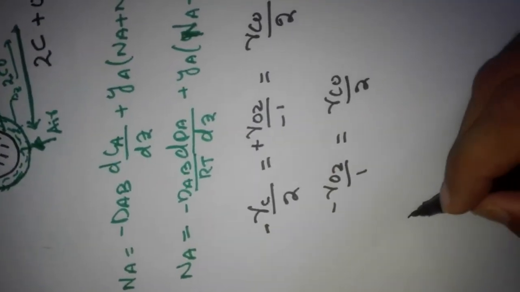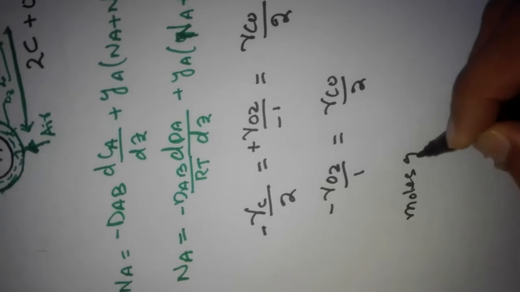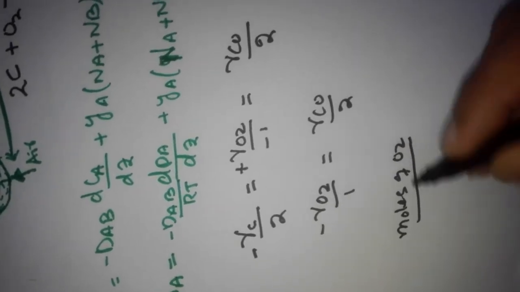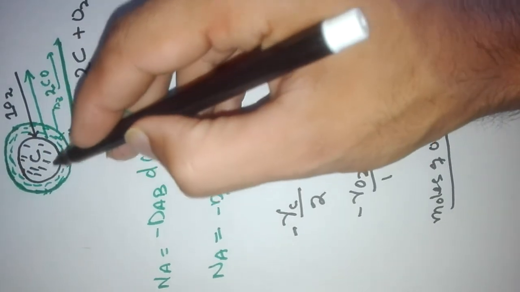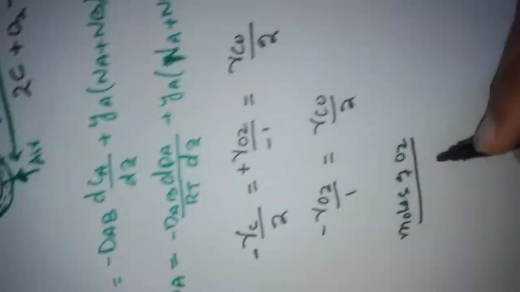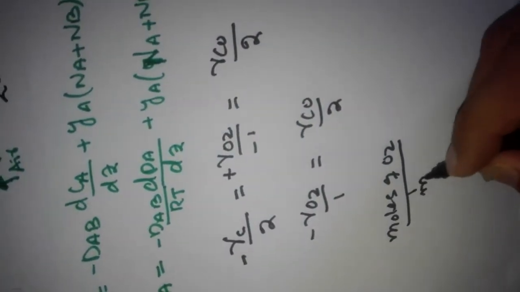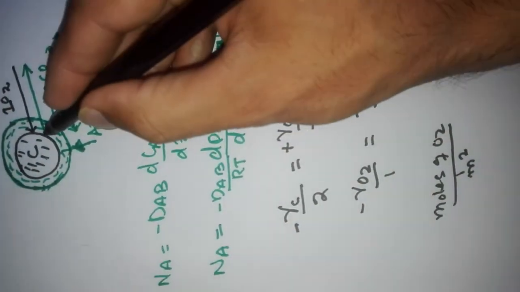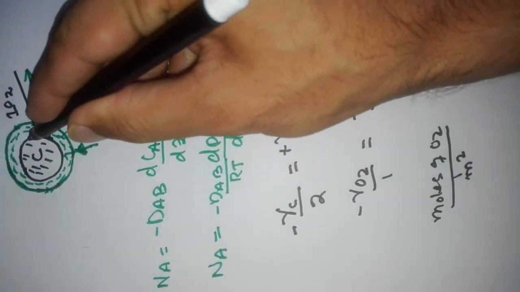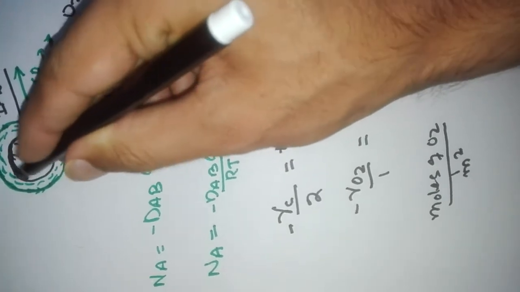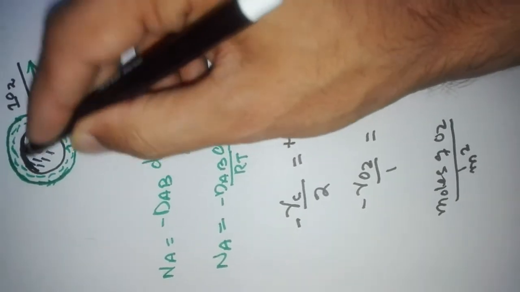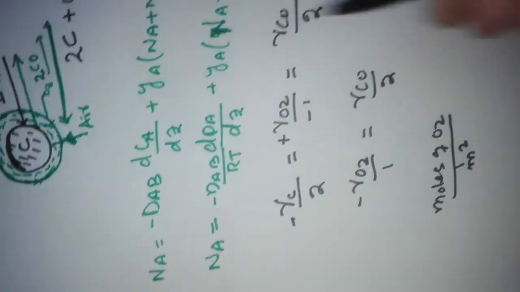That is the moles of oxygen coming to the surface of the carbon particle per square meter. The square meter is the surface area of the particle. That can be catalyst or carbon particle, in this case it is carbon particle or coal particle.